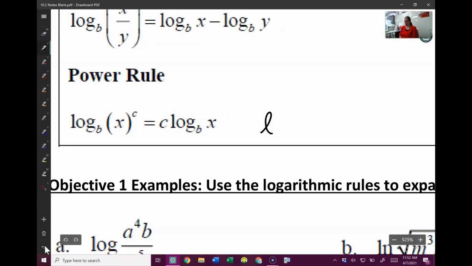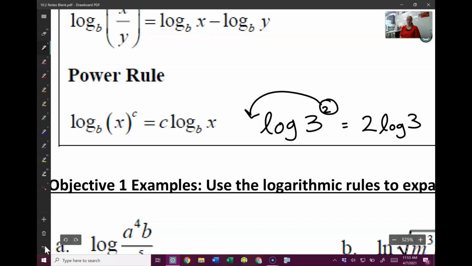The power rule says if I have log of 3 squared, I can take that squared, that exponent, and just move it out in front of the log, which is kind of a weird idea. We never take exponents away. We don't really move them, except for logarithms. Logarithms is the only one we can take this exponent and move it out in front.